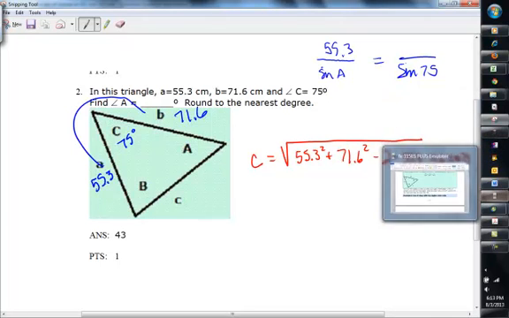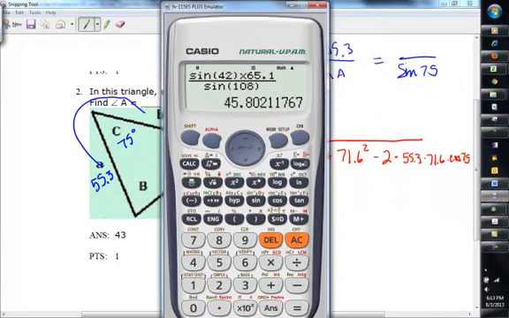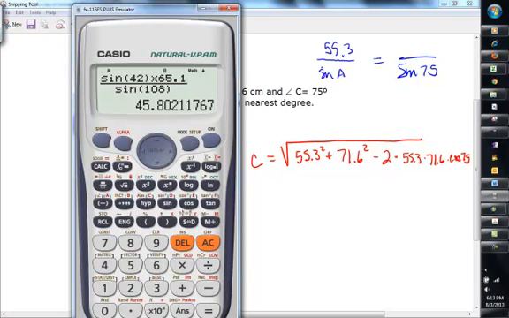So on our calculator, it's nice to have a calculator that can put that all in one calculation.